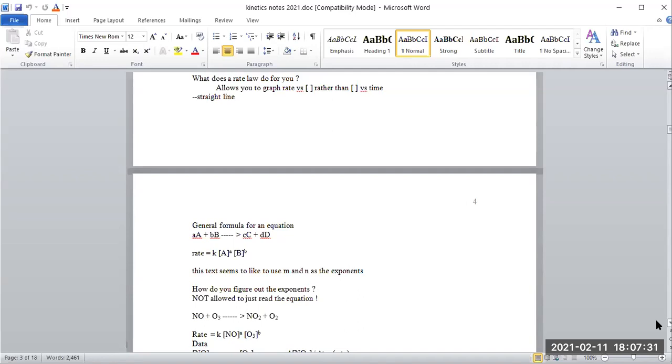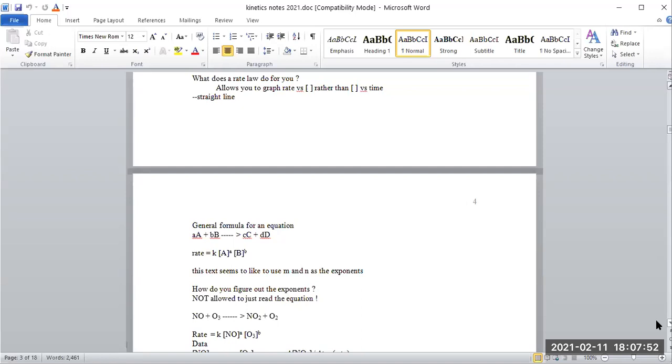So the rate is on the left-hand side of the equals. You've got your K value. And if you happen to have two reactants, or technically three, they are put in the square brackets with appropriate exponents.